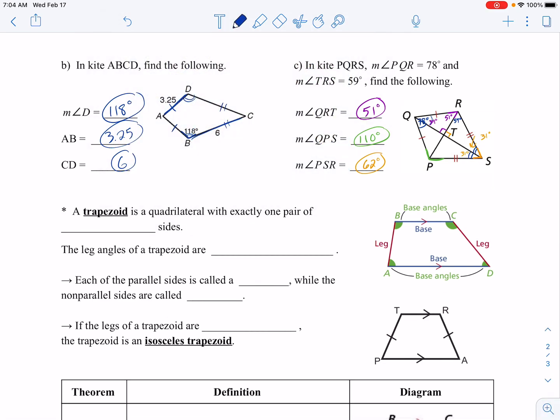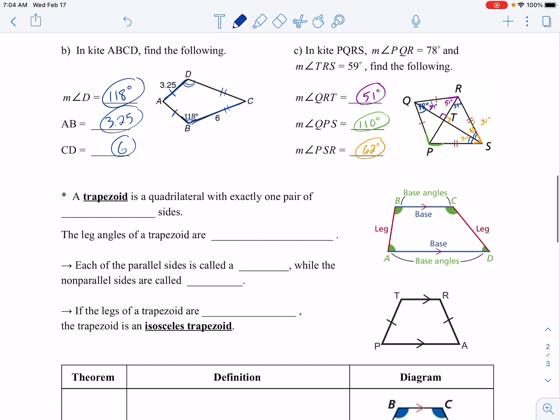All right, let's finish up talking about trapezoids. A trapezoid is a quadrilateral with exactly one pair of parallel sides. Just one pair of opposite sides that are parallel. See those right here? Okay, those are called your bases. The leg angles of a trapezoid, these are supplementary.